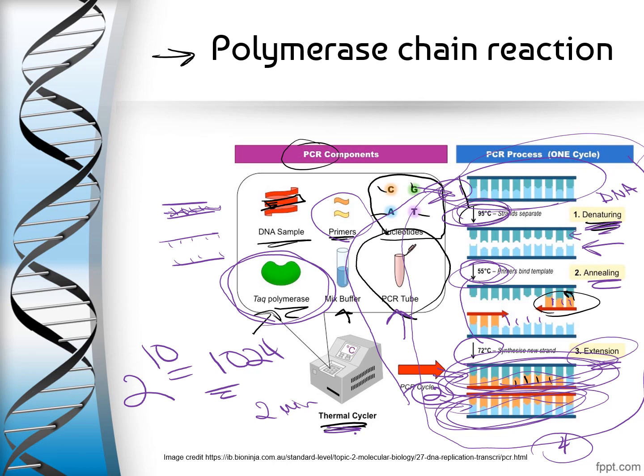What's kind of fabulous about this polymerase enzyme, we call it Taq polymerase because we stole it from a bacteria called Thermus aquaticus. That's the T and that's the AQ. So Taq polymerase we stole from a bacteria, Thermus aquaticus, that you probably guessed lives in really hot water.